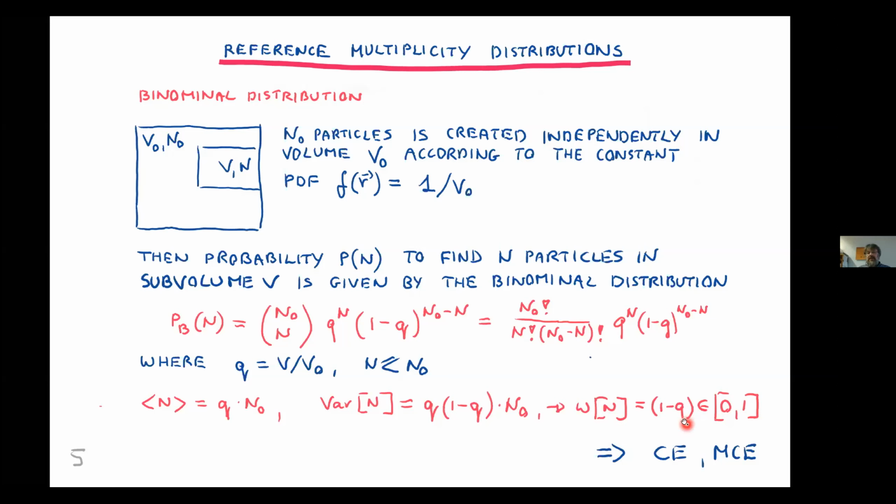And then you see, of course, if my V is equal to V0, so I just count particles in the whole volume I have, then I always have n0 particles, nothing fluctuates, and the scaled variance is 0, because it's 1 minus 1, which is 0.